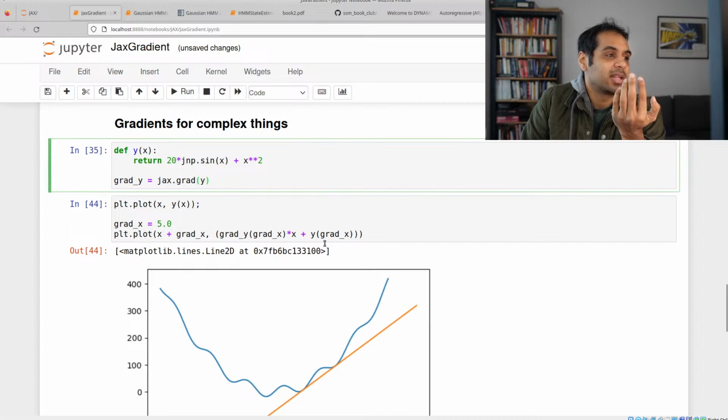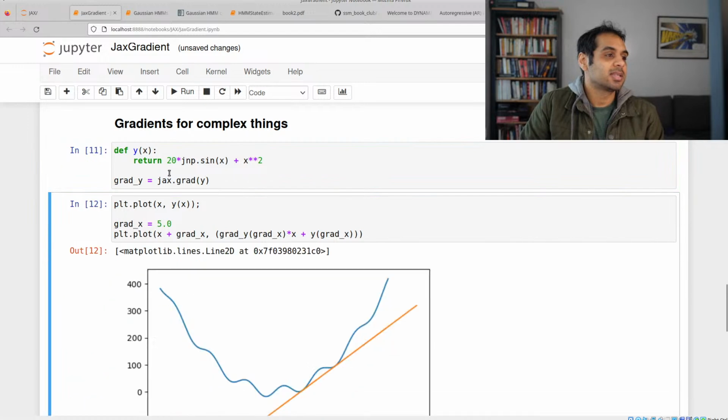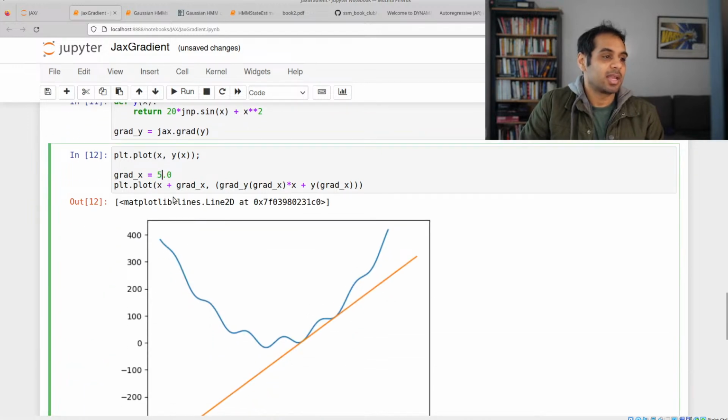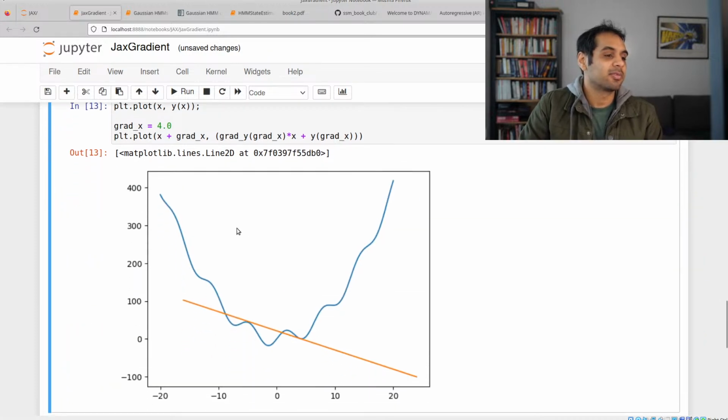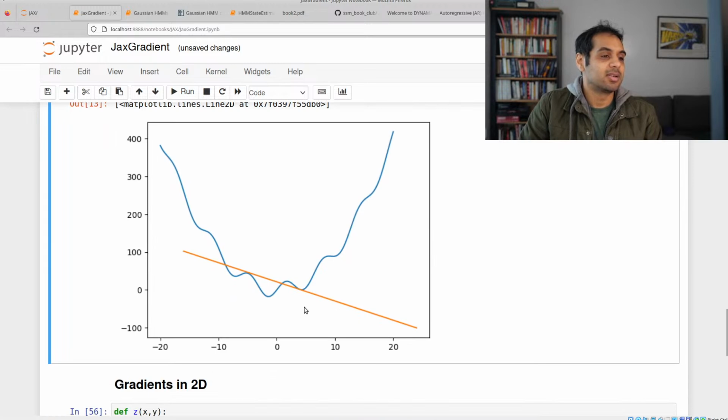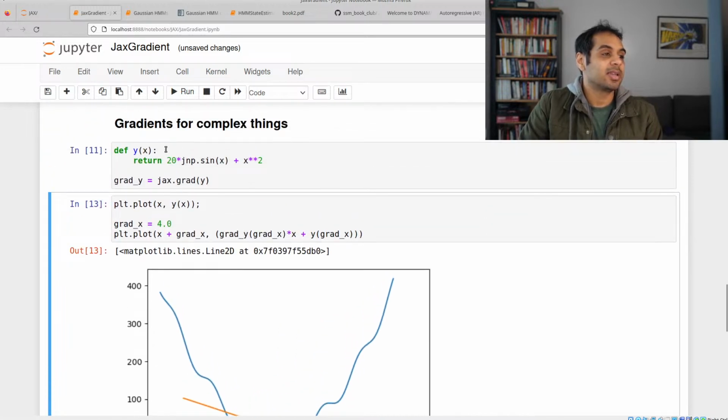You just plug it in and you get the same thing. Now we can get the gradient at any point. At this point, the slope is increasing really fast. But if we go back a little bit to 4, the gradient is decreasing. It's neat that we can take any arbitrary Python function and plug it in.